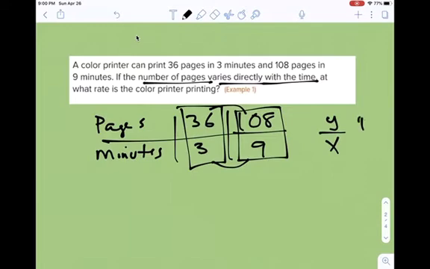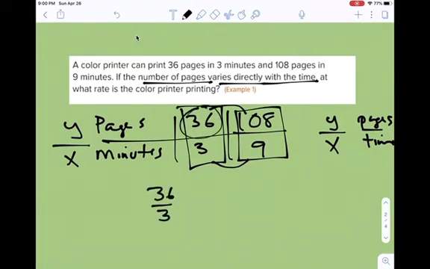Number of pages is on top, time is on the bottom. That means pages is my y and time, my minutes, is my x. So 36 divided by 3 gives my rate, which is 12.